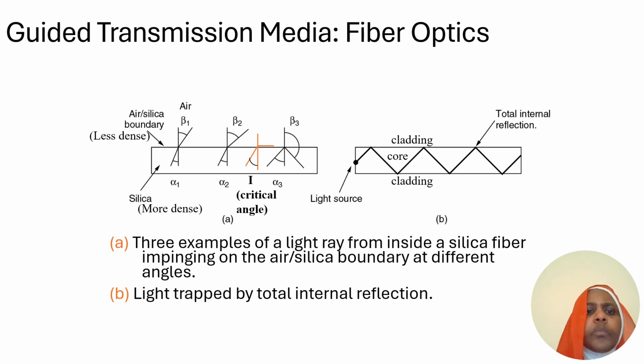The refractive index of the material and the angle with which the light hits the surface together decide how much of the light is reflected, or in what direction. So with a certain angle, the light will be completely trapped in the cable.